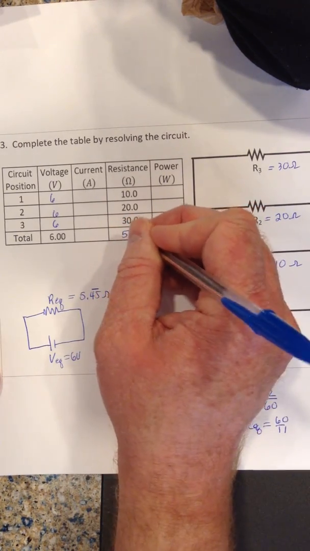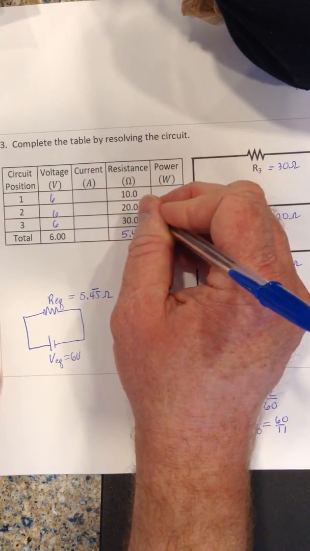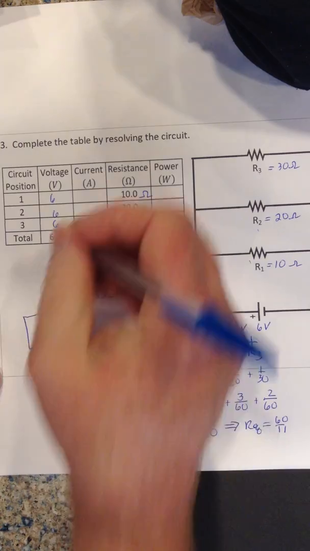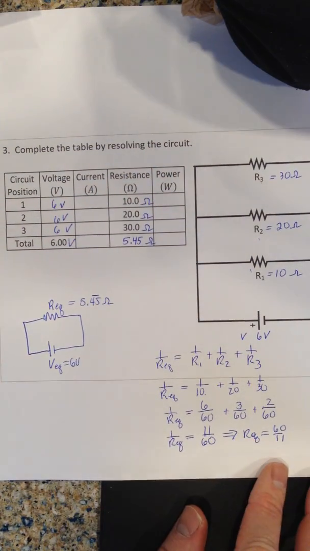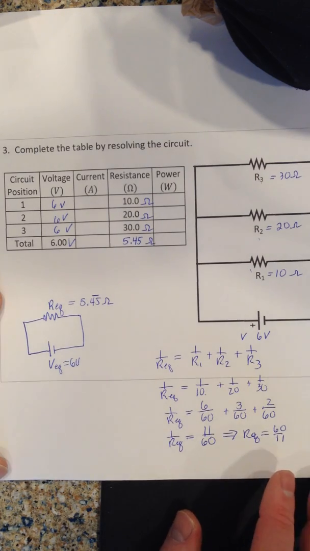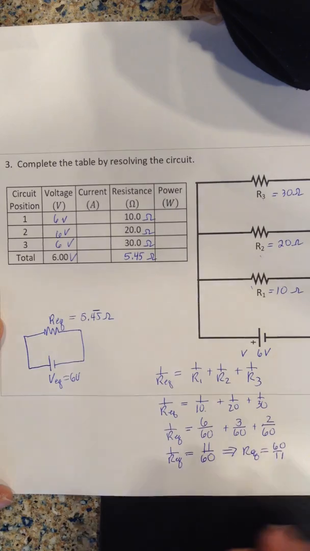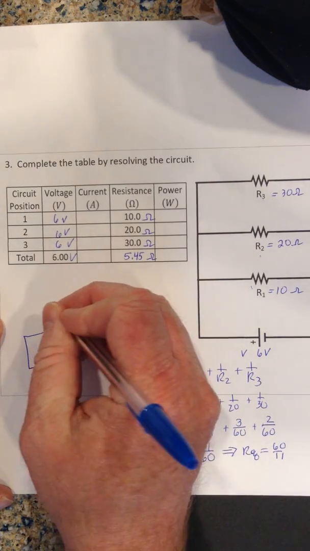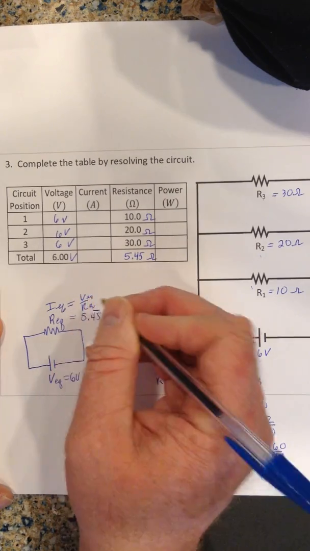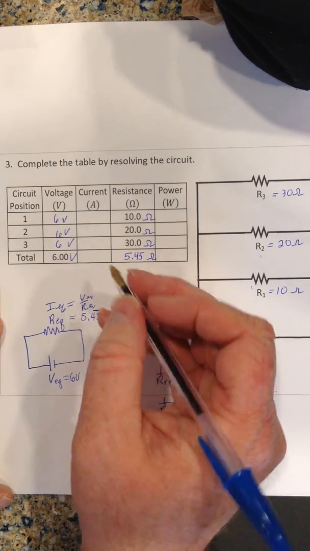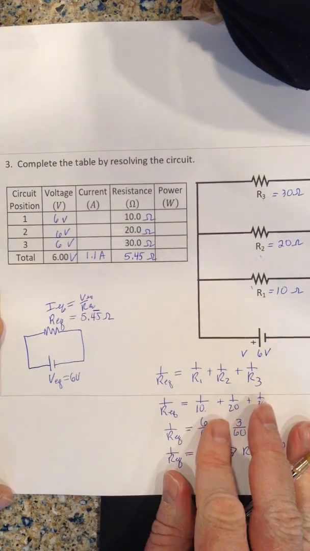So you can see that my equivalent resistance was less than the resistance of each resistor, which is interesting. So now I could find the equivalent current. So IEQ is going to be V divided by R. So I take 6 divided by 5.45 and I get 1.1 amps.